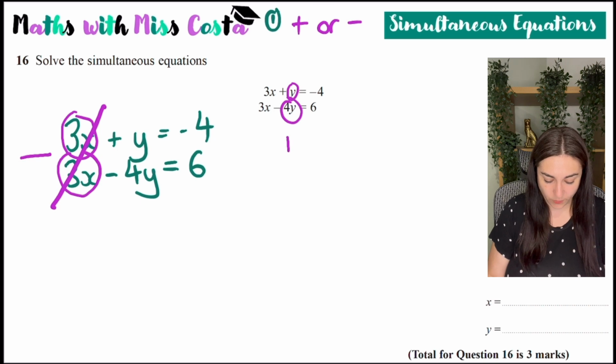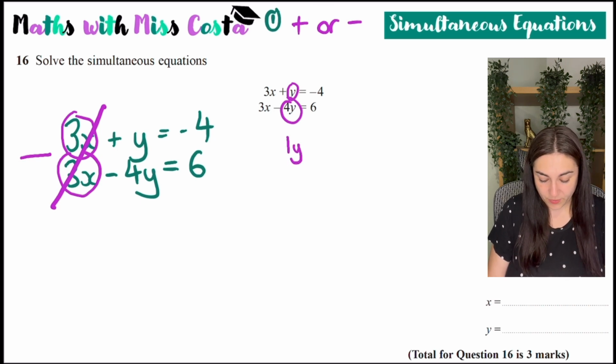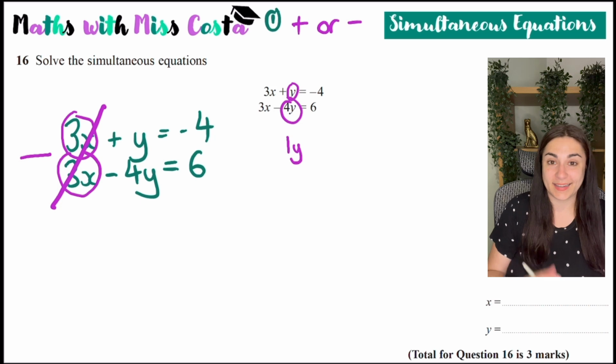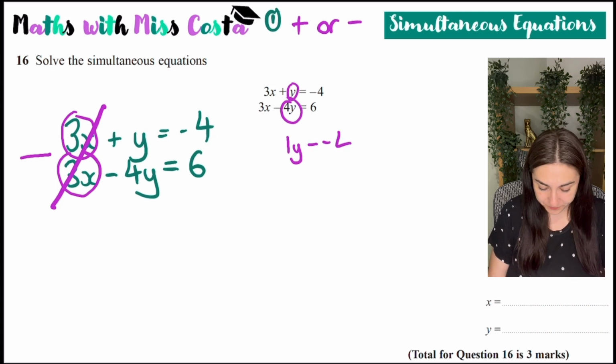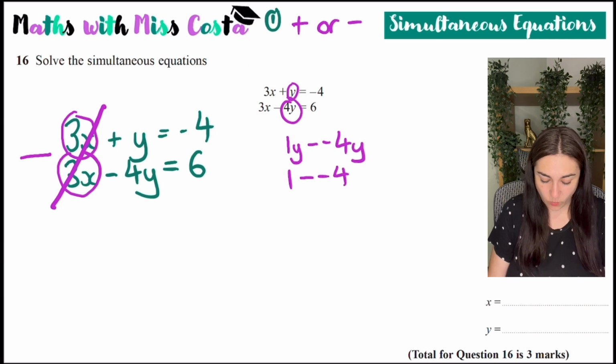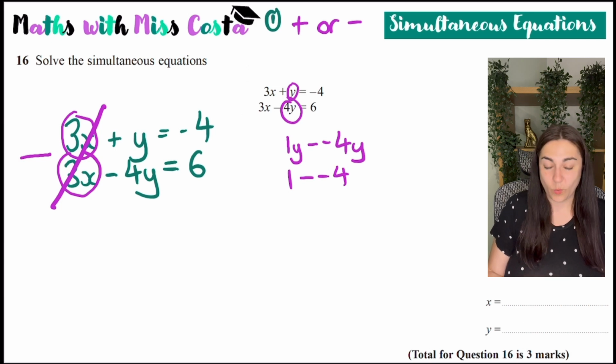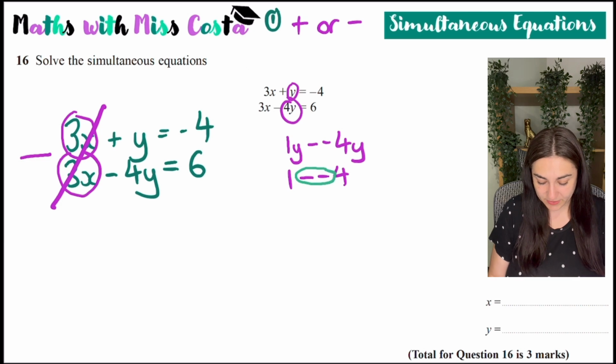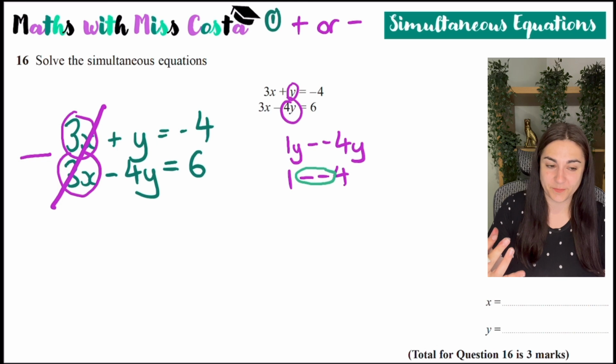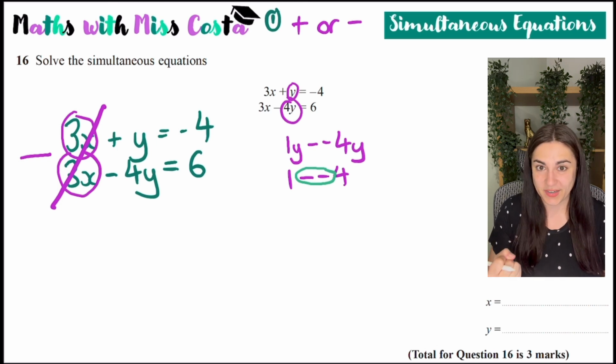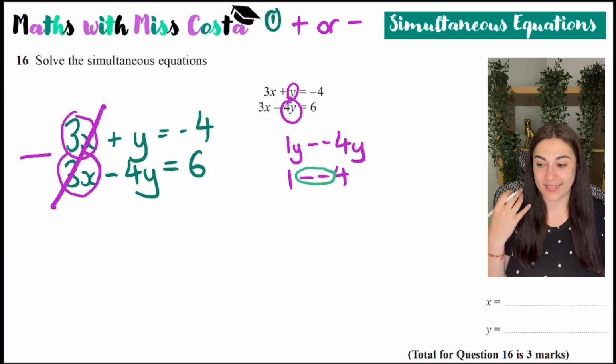Y take away, so remember that y is a single y, so 1y, take away minus 4y. So I could imagine that's the same as saying 1 take away minus 4. When you've got two negatives next to each other in between the numbers, you're subtracting, you're taking away a negative. So it's the same as adding.